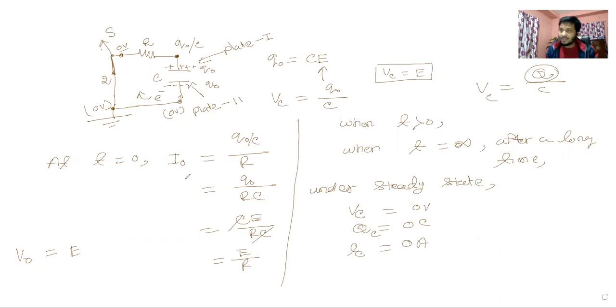Look, from this discussion it is observable that over time the current through this circuit or through the capacitor has decreased, isn't it? Initially the current was I0, which is E upon R, but finally the current is 0. That means the current has decreased from its initial value to the final value. So the current will be maximum when the time is 0, isn't it?